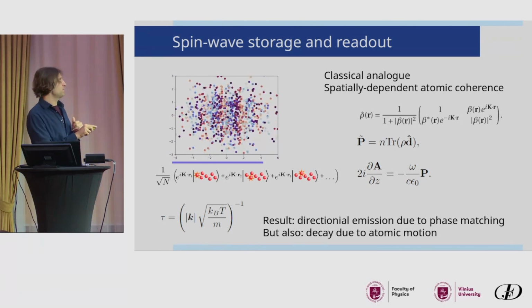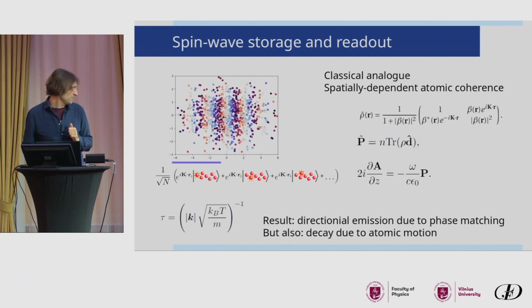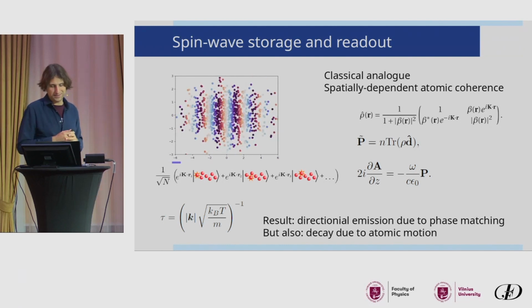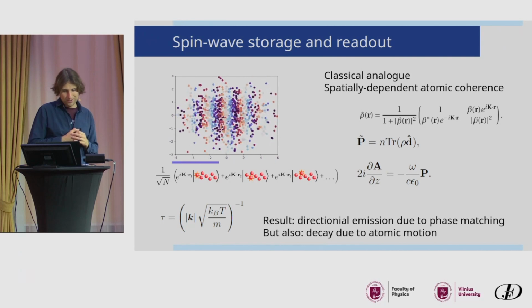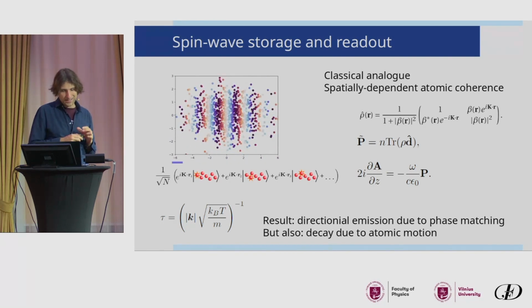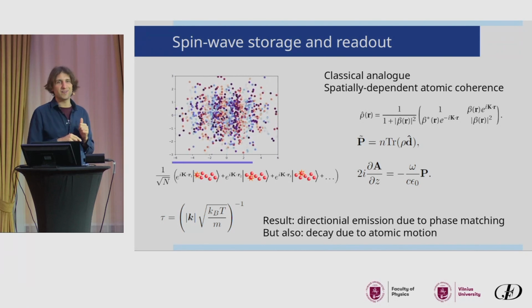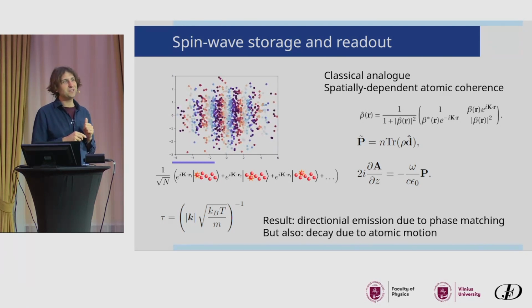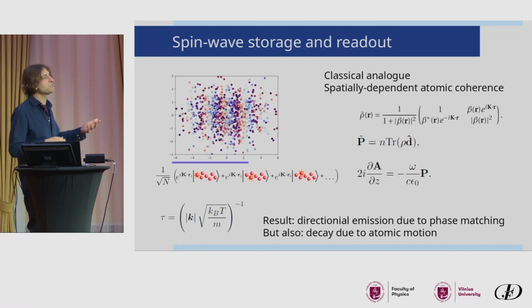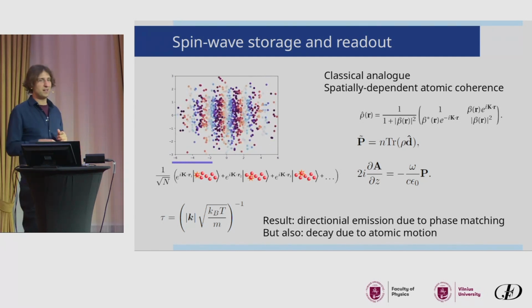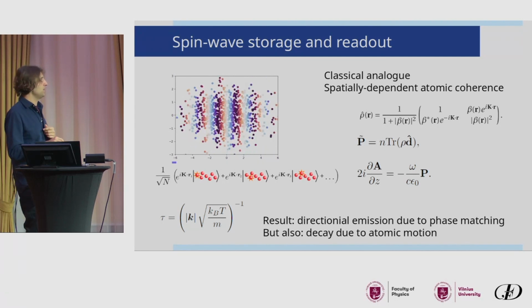But the spin wave is very dense, and then the system decoheres. Each atom keeps its phase, so in a way the information is not fundamentally lost here, but it is diffused away, and we are not able to have a phase matching condition at readout.